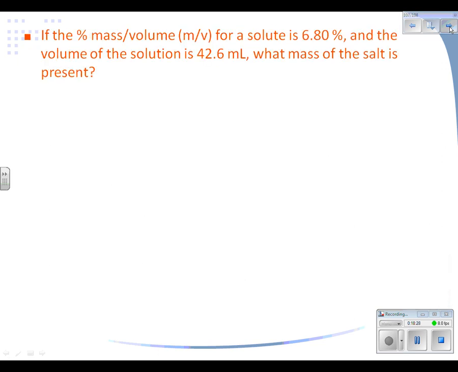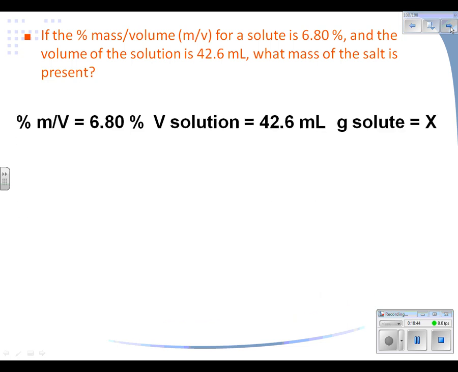Now, if the percent mass by volume for a solute is 6.8%, and the volume of the solution is 42.6 milliliters, what mass of salt is present in this solution? Again, we know the percentage of mass per volume and the solution volume, so we can find the grams of solute.